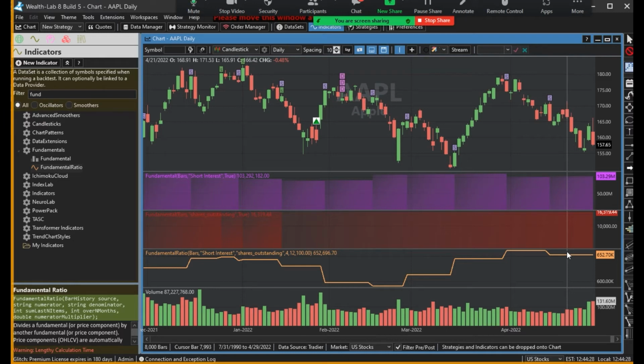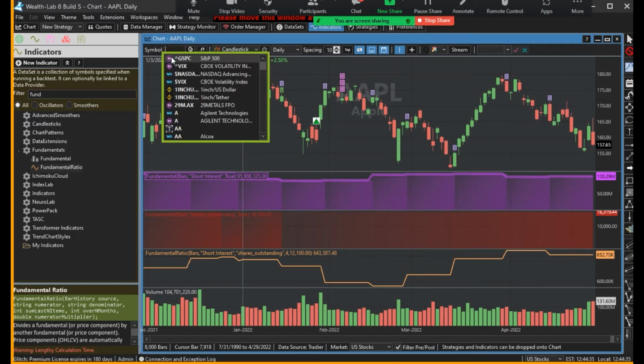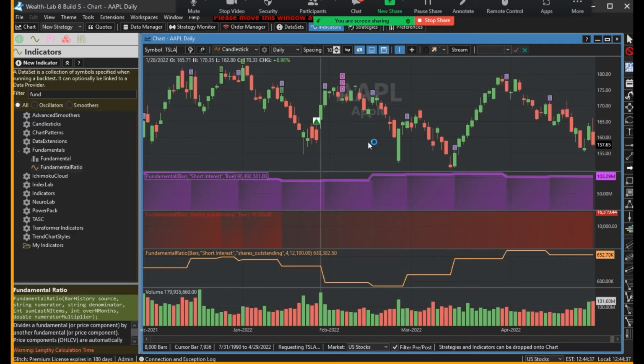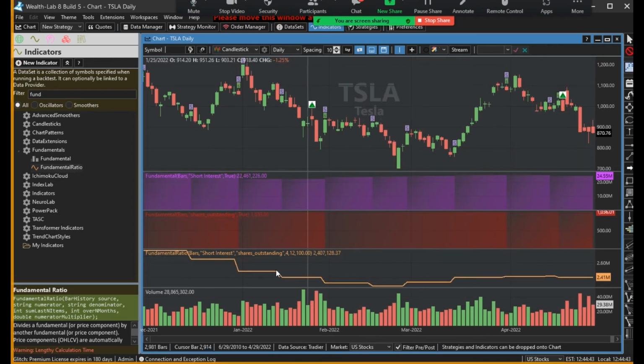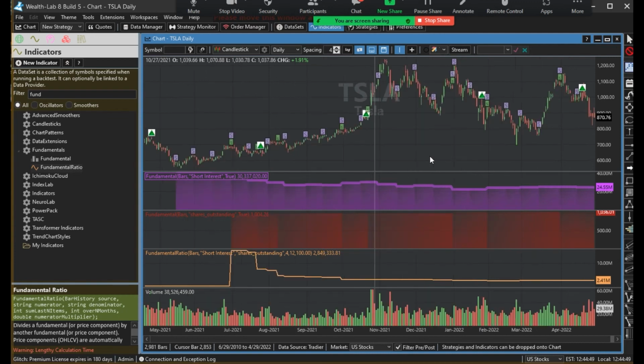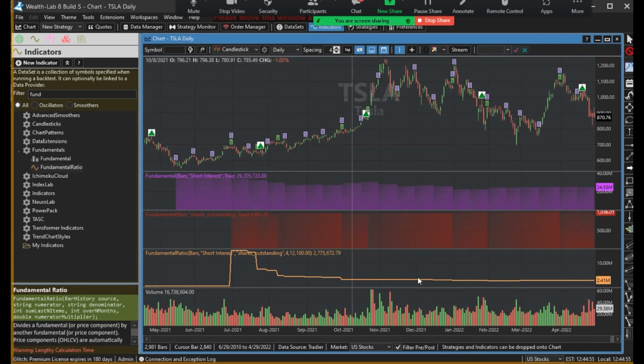What do you think, Volker? Yep, sounds interesting. I still would like to see Tesla, just for the fun of it. Here we go, Tesla. Yeah, because they were always talking about short squeezes, and it definitely needs to be standardized.